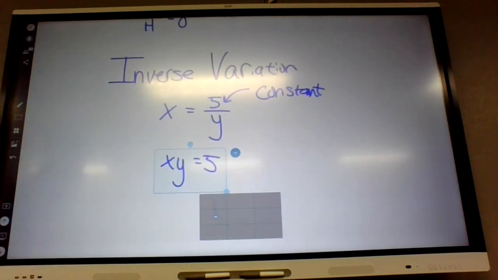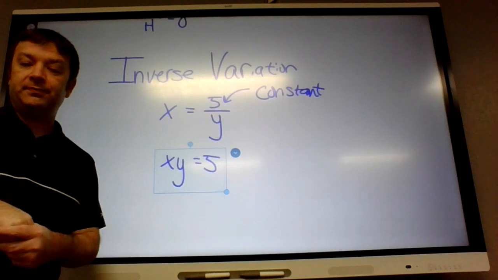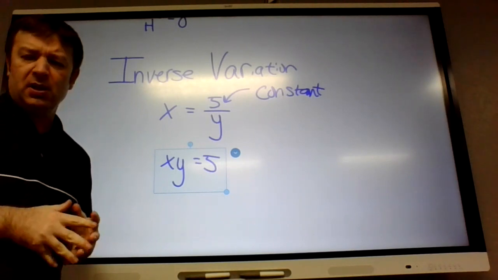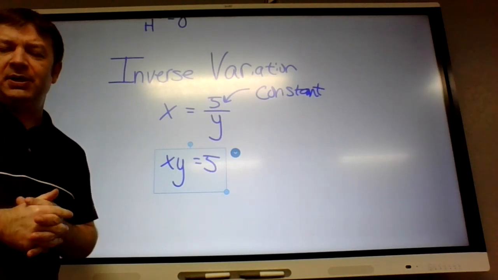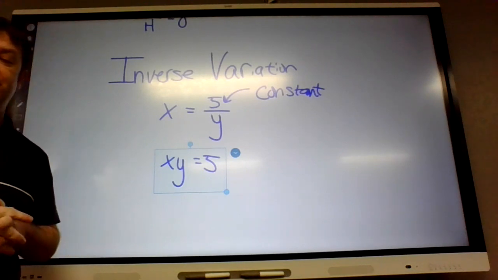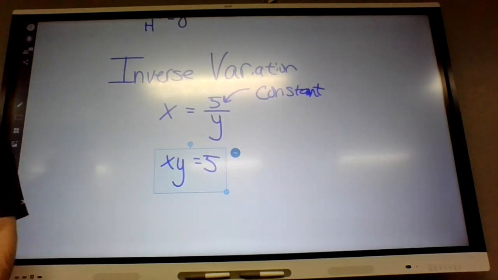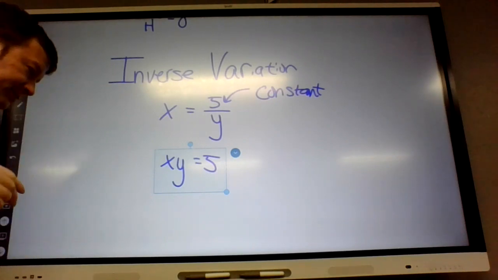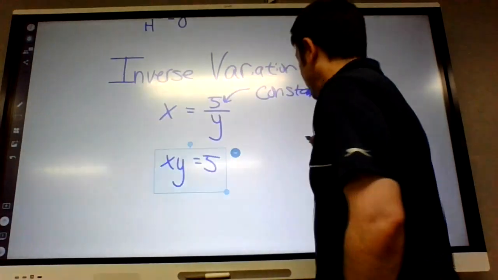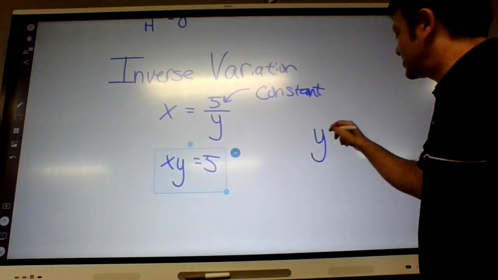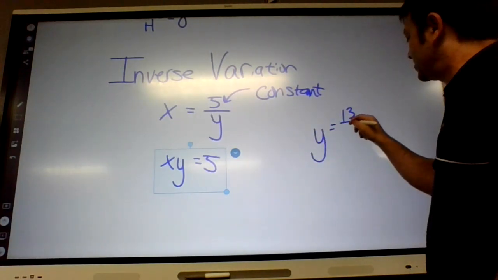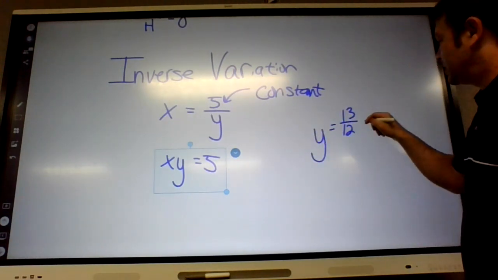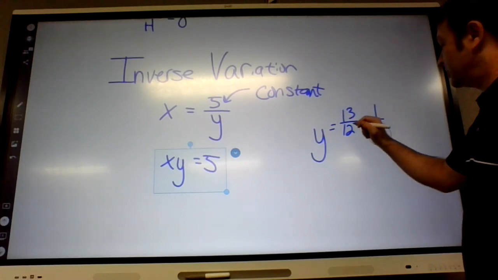They look pretty similar, so it can be confusing. Anyway, number 3, y equals 13 over 12x. What do you think that one would be? That's basically the same thing as y equals 13 over 12 times 1 over x.